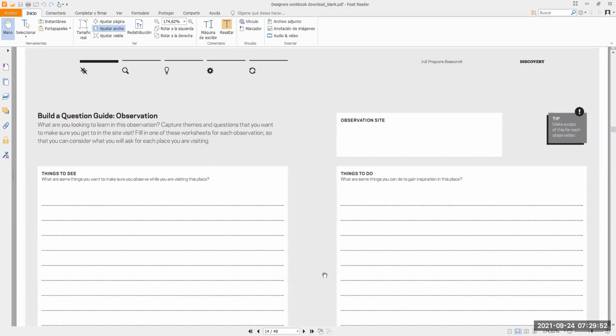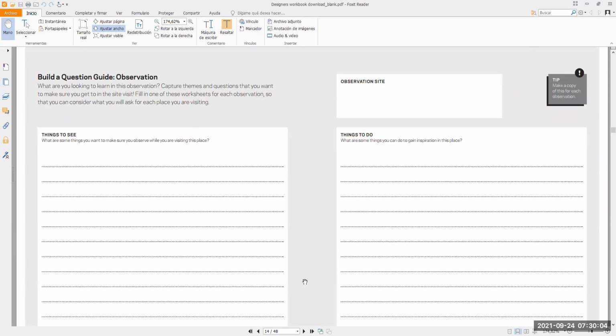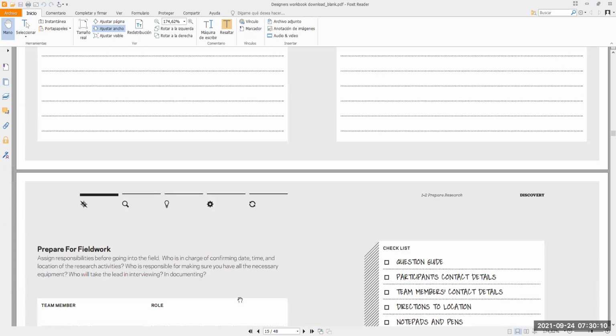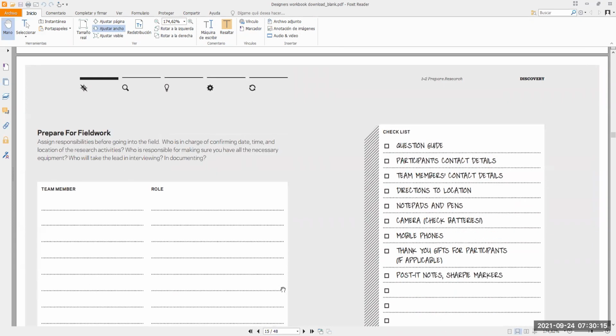There is no minimum nor maximum, although the maximum would be around 5, as you can see here. So it's maximum 5 interviews, 5 observations. That would be the maximum required, but there is no minimum either. Of course, if you just make 1 interview and 1 observation, that gives you very little information. So that wouldn't be enough.